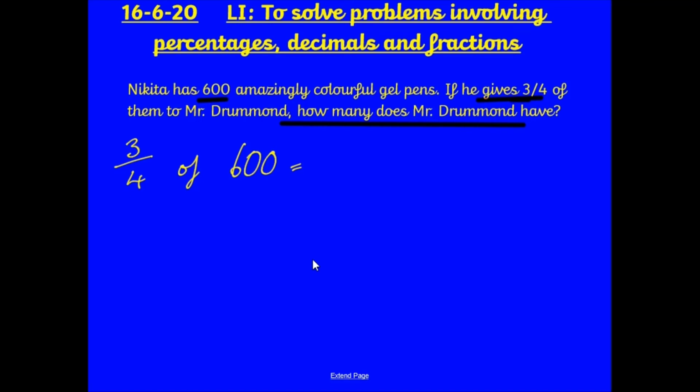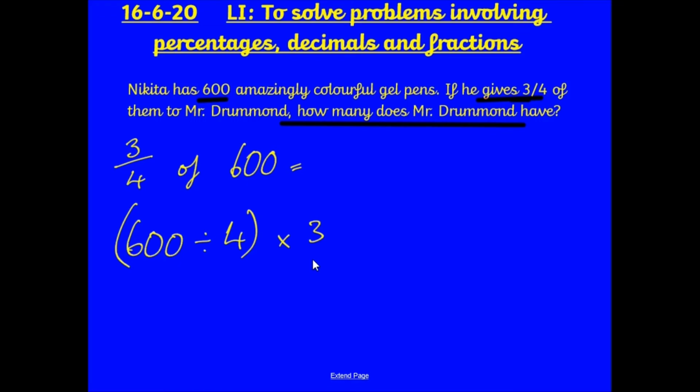Now, similar to the percentage question, to find 3/4 of 600, I'm going to do 600 divided by the denominator and then multiply that by the numerator. So 600 divided by 4 and then multiply that by 3. Again, 600 divided by 4, I could use a suitable method to work this out. Divided by 4 here, I'm going to half it and half it again.